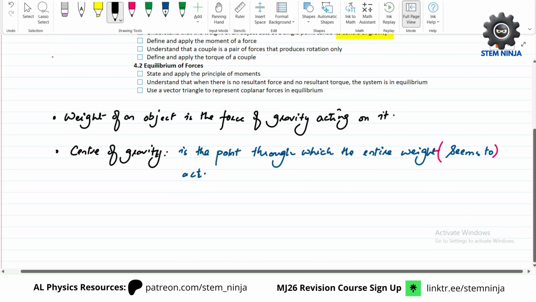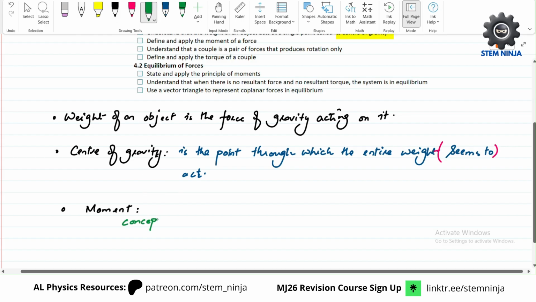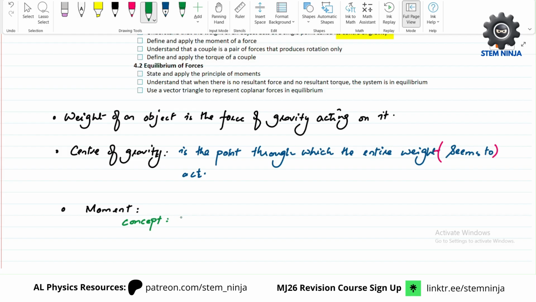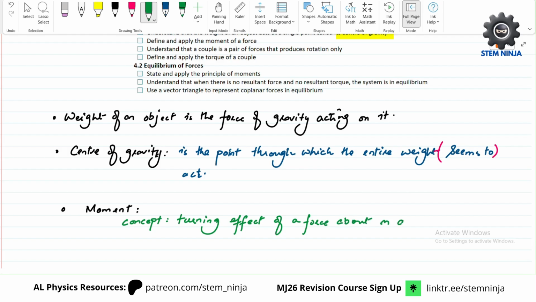The next thing is the moment of a force. Just to write the concept, not the definition yet, it is the turning effect of a force about an axis.